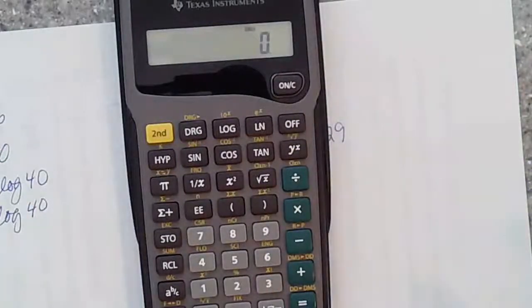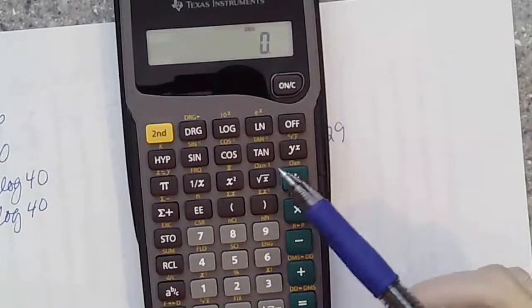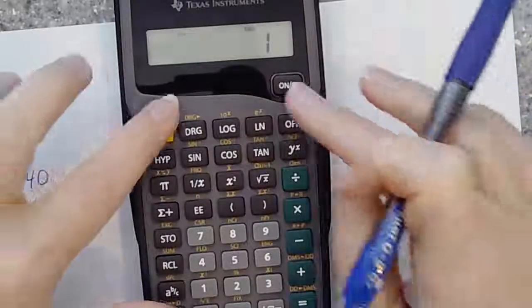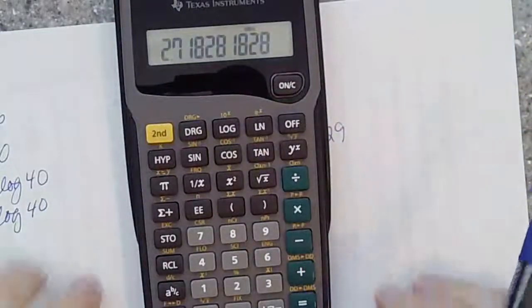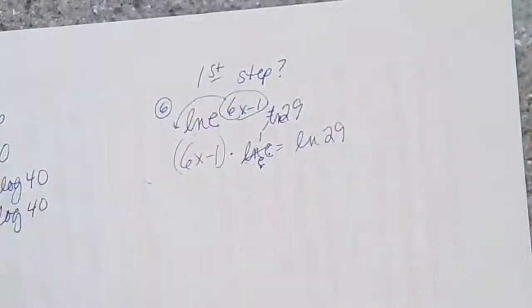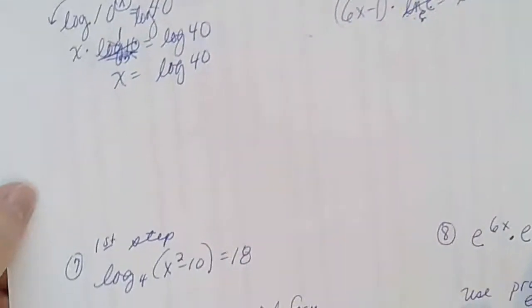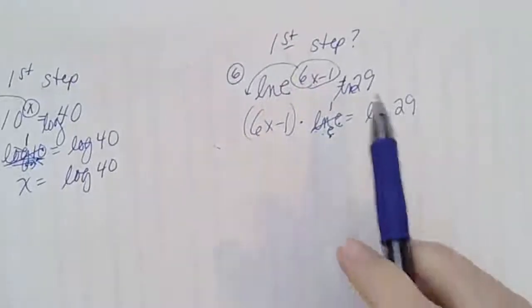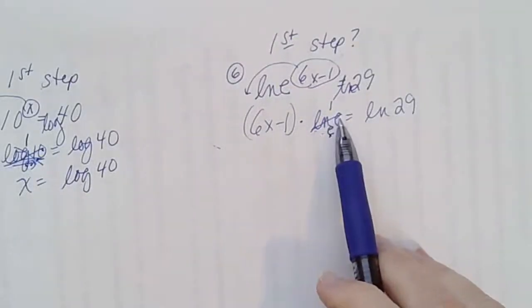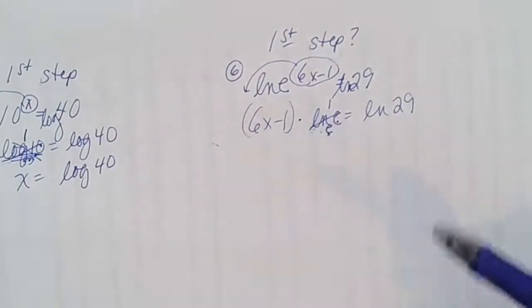So e to the first, I hit 1, and that's what e to the first would be. All right, so that's how you'd work there. So like I said, ln and e play well together because the ln of e is 1, and it just makes it easier. You could do it the other way though. You could argue that if you wanted, and then complete your work.